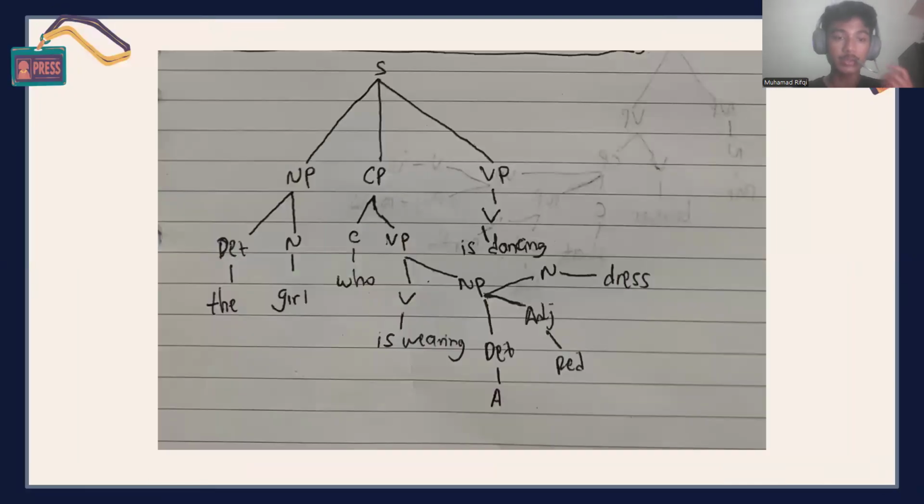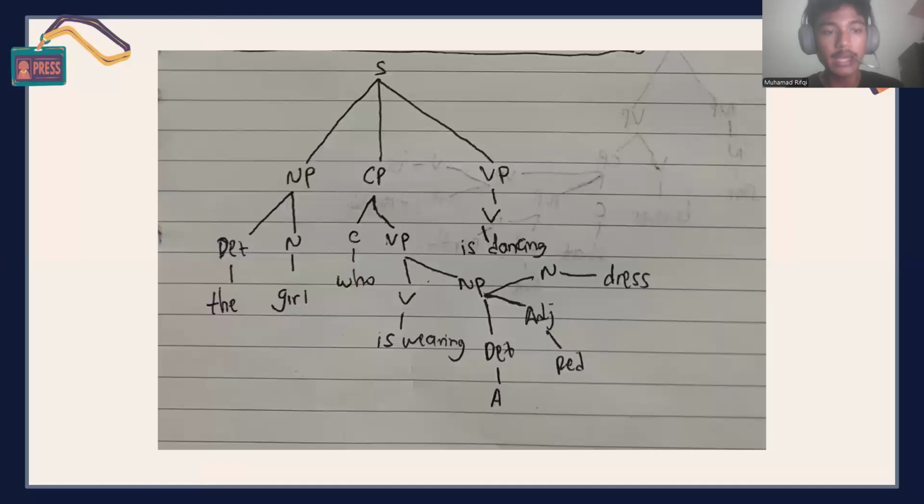Oke, for number 2. Jadi kita dibagi tiga, ada noun phrase, ada CP, ada verb phrase. Determiner itu ada the, dan nounnya itu ada girl.